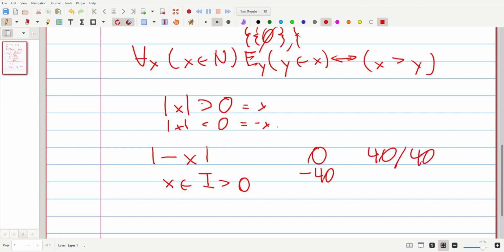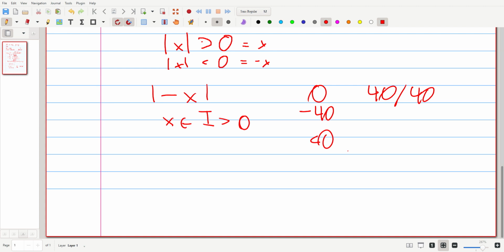Now because negative 40 is less than 0, you can say that 0 is contained somewhere within. We can say that negative 40 is contained somewhere within the set expressing 0 as the integer, most importantly, not the natural number.